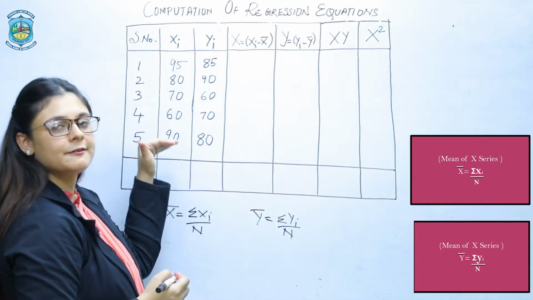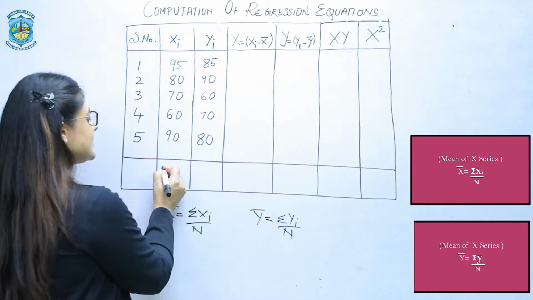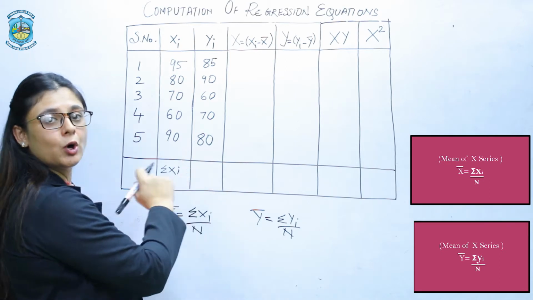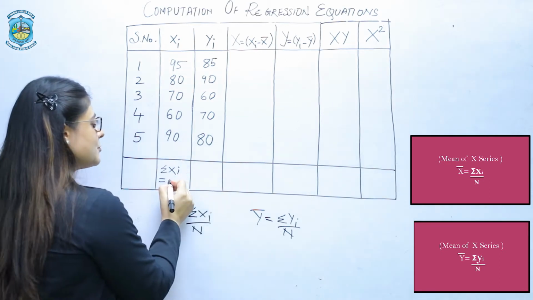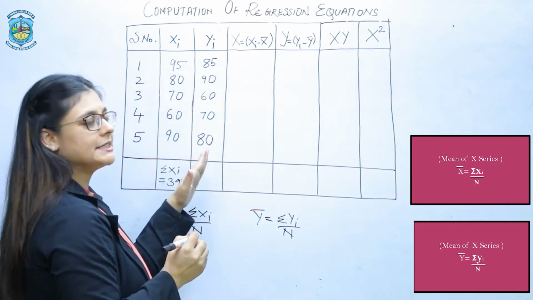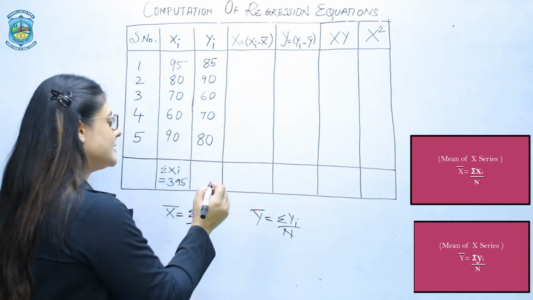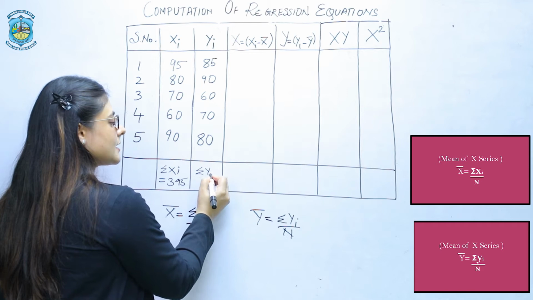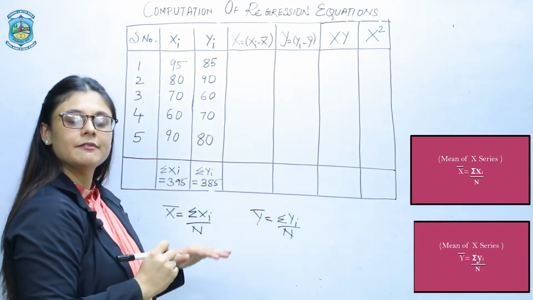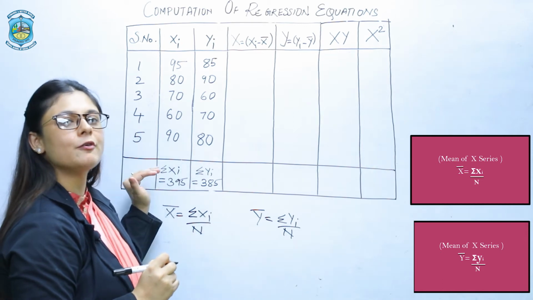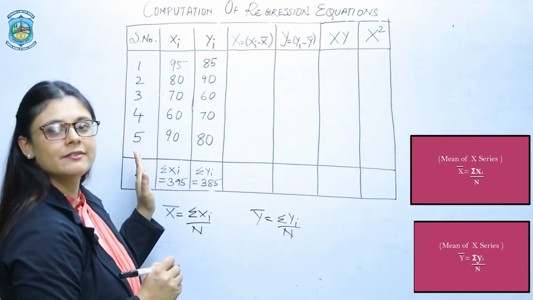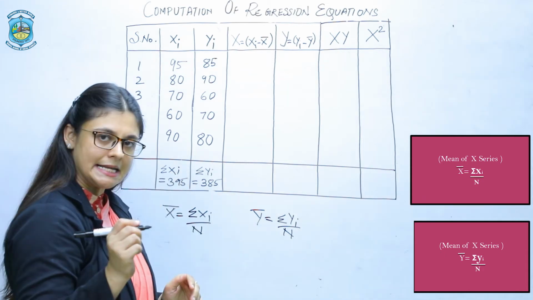So the first step is to take out the summation of xi. Here if we calculate the total of this column, it comes out to be 395. And if we take the summation of the yi series, the answer comes out to be 385. The value of n is the number of observations, which is 5, as we had selected 5 students randomly.